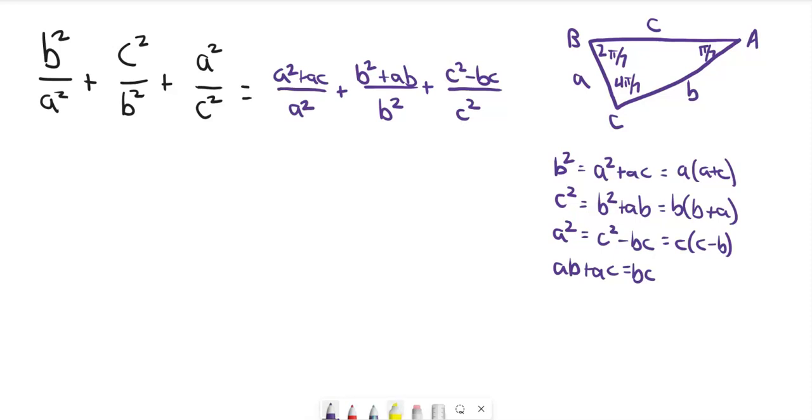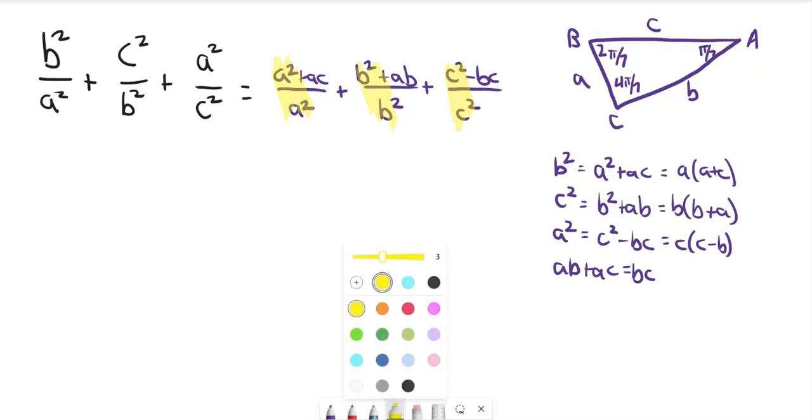I'm not going to show the full algebra of this because of time and space constraints. But as you can see here, we have a squared over a squared, b squared over b squared, and c squared over c squared. Again, we have two terms in the numerator. You can factor those as two separate fractions if you want.